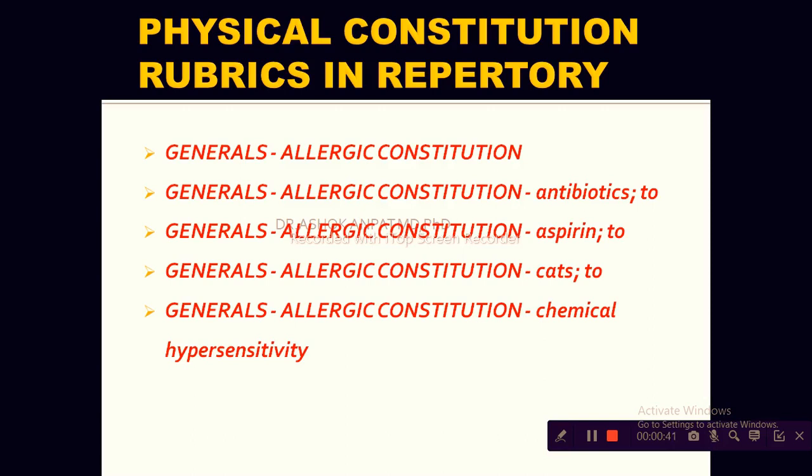The first important rubric is a general allergic constitution. So section generals, allergic constitution. These rubrics are from synthesis repertory. So if you select general allergic constitution, it means your patient has complaints of any type of allergy.